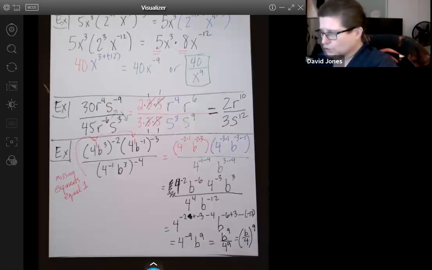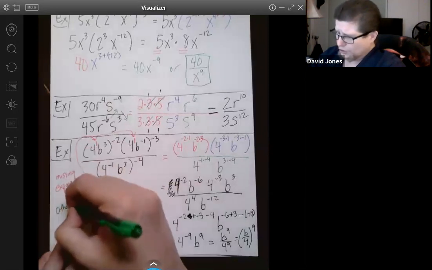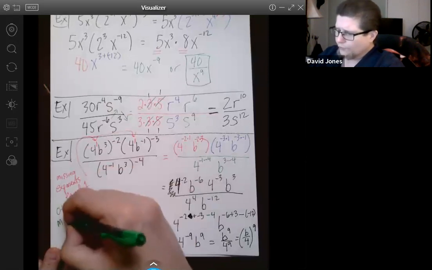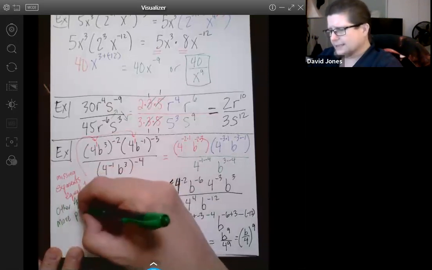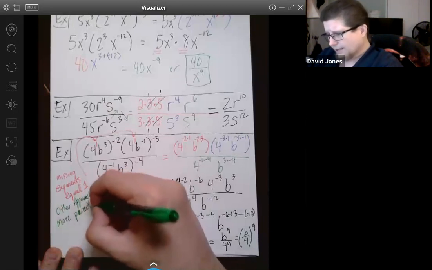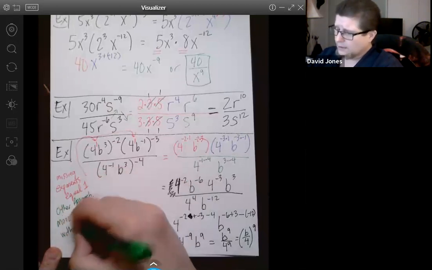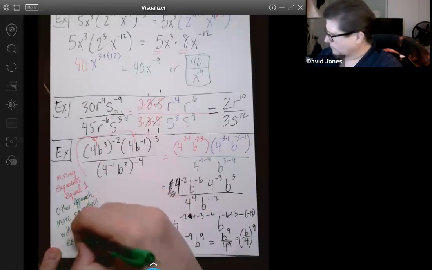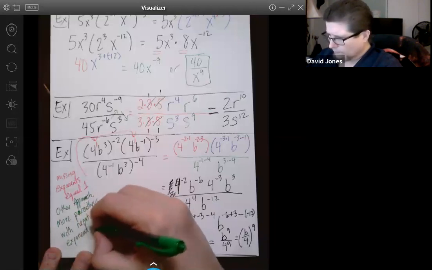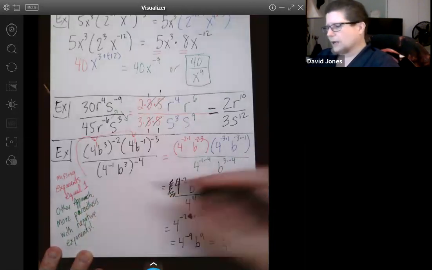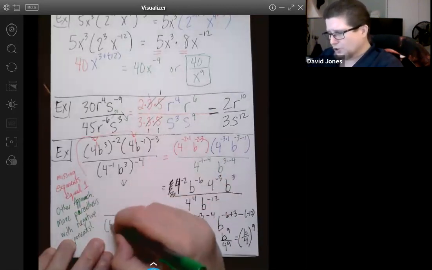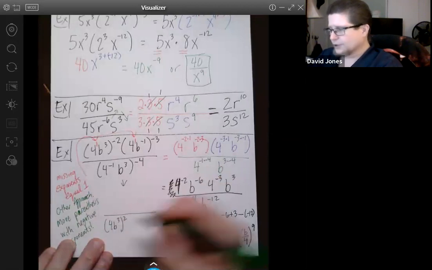This is one approach. There is another approach: move parentheses with negative exponents. What I mean by that is I could have put the 4b cubed on bottom and made the exponent 2.